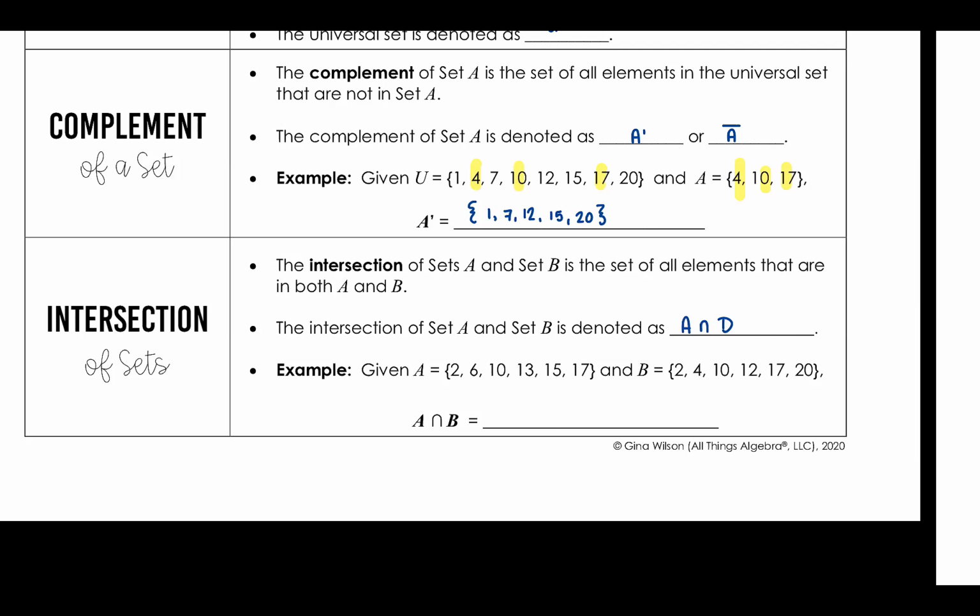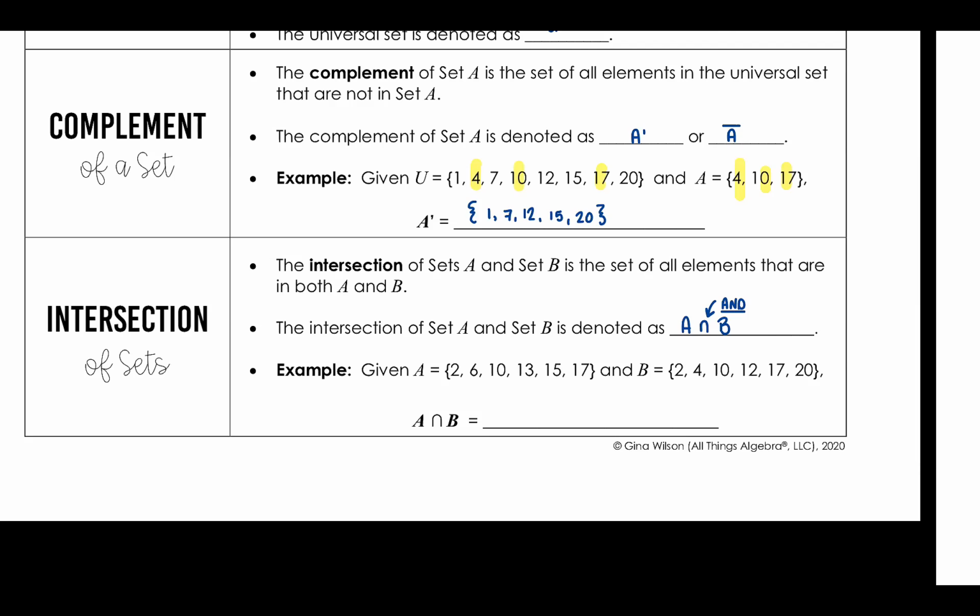So A, and then this little N looking symbol, means A and B. So it has to be a number that is in both A and in B.